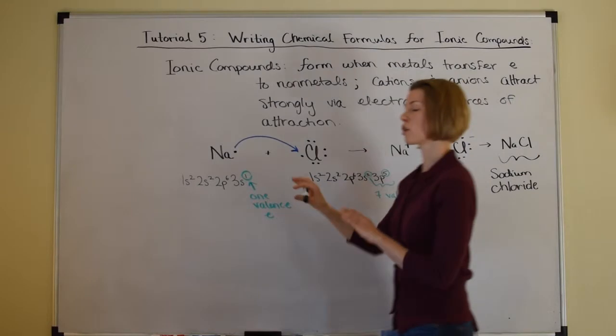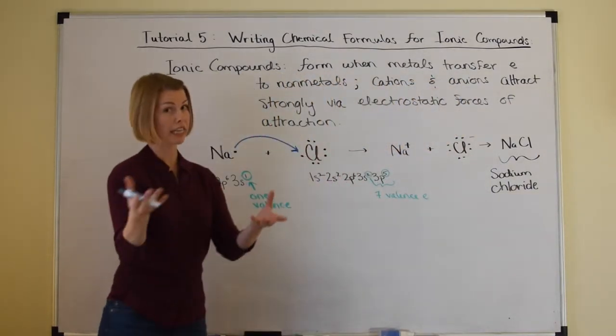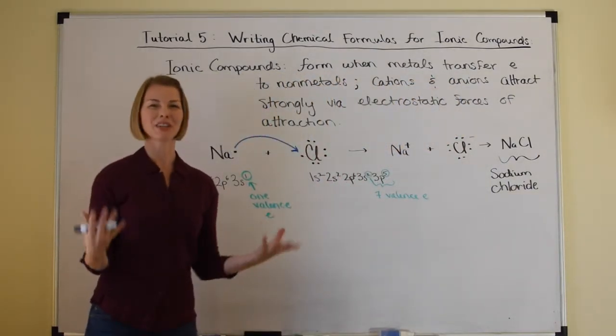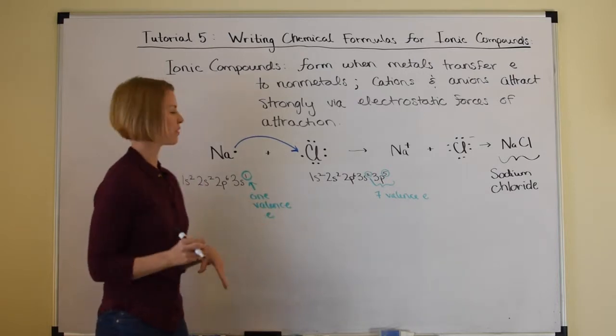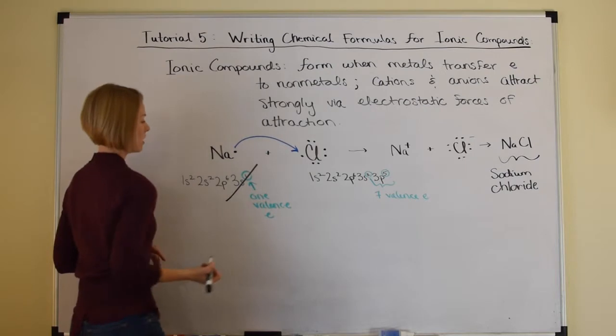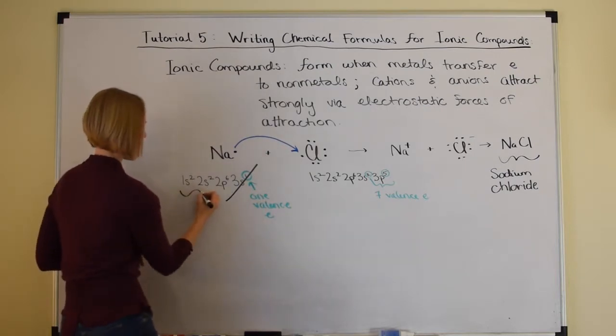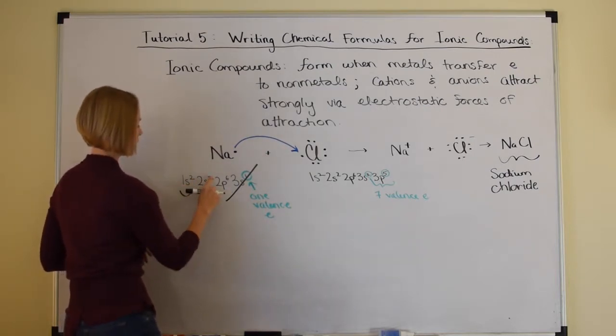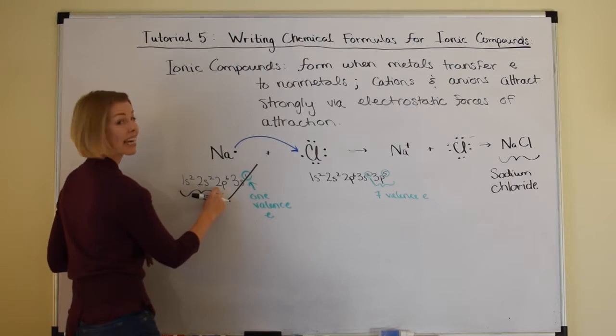Okay, so let's just take a look at what's happened to the electron configuration, because I keep saying they simulate the noble gas. But let's really prove that right here before we move on. So sodium loses this valence electron. All that's left is 1s2, 2s2, 2p6, 2 in the s, 6 in the p of the outermost energy level, which is now the 2nd.